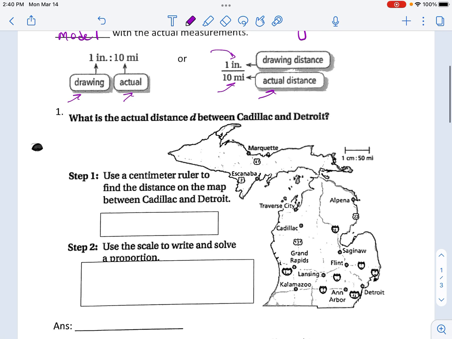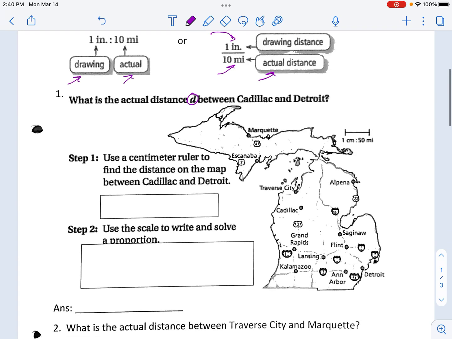So here's how we're going to do these. It says, what is the actual distance, D, between Cadillac and Detroit. So, step by step, we're going to use a centimeter ruler to find the distance on the map between Cadillac and Detroit.